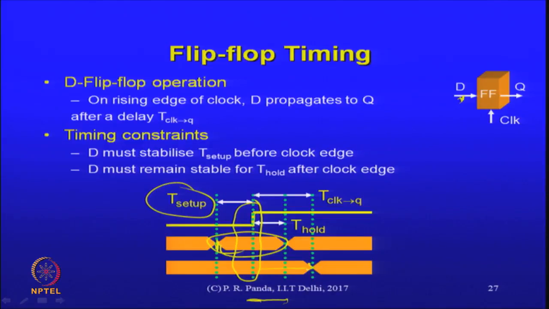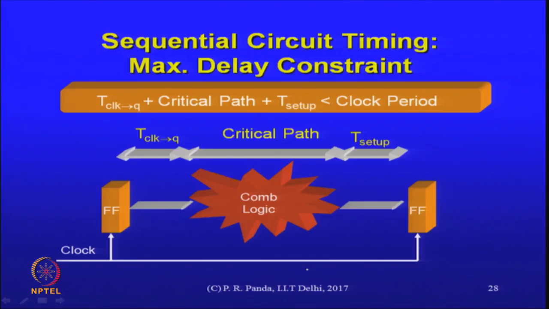There is a further dependence on the actual value, whether 0 or 1, where the timings may be different, but you can take the max of the different values if there is sensitivity with respect to the value. Let us say clock to Q may be different for Q equal to 0 than for Q equal to 1. If it is, then you just take the max. So, at least these three I need to capture in a simple way in my formulation. Then what is the max delay constraint?